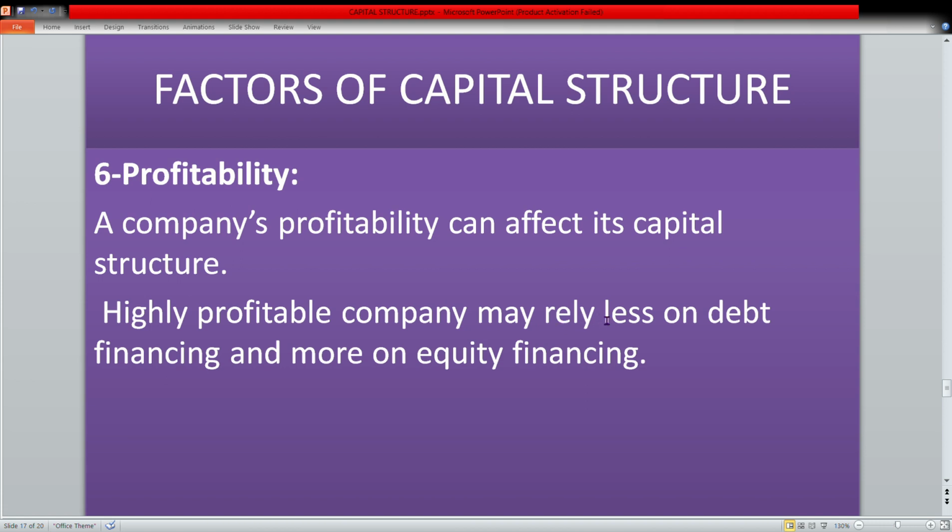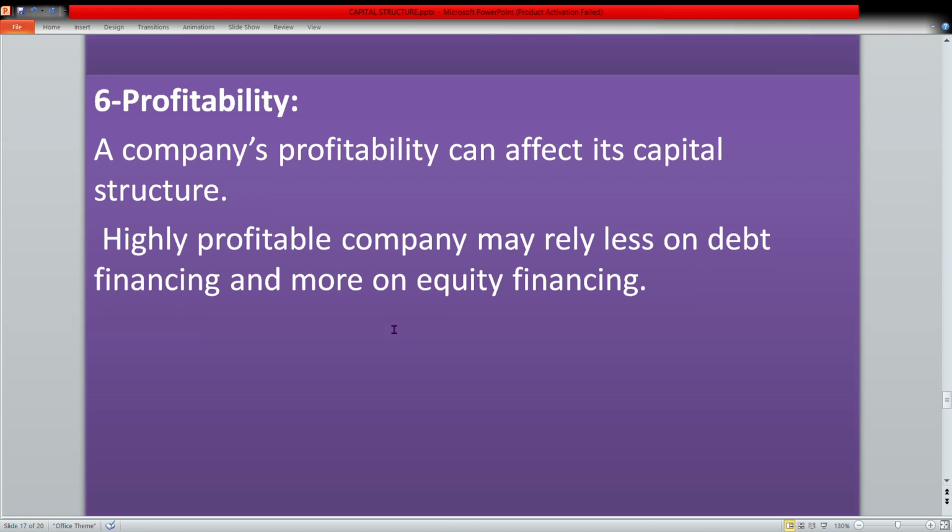If the company is not profitable, then it is difficult to raise the funds by issue of equity share. In such case, the company has to rely on the debt financing.